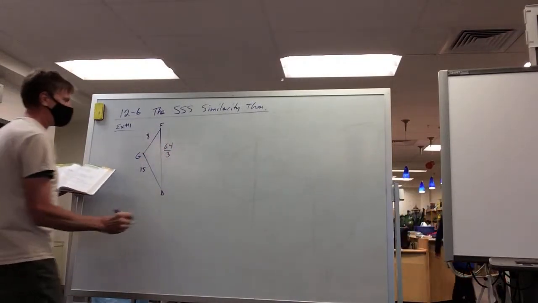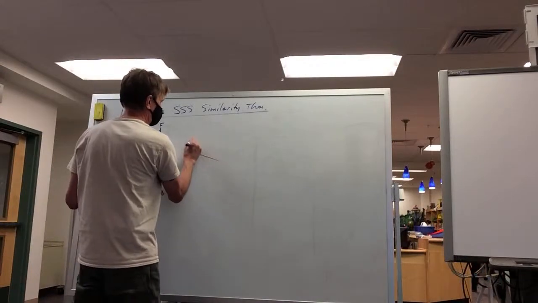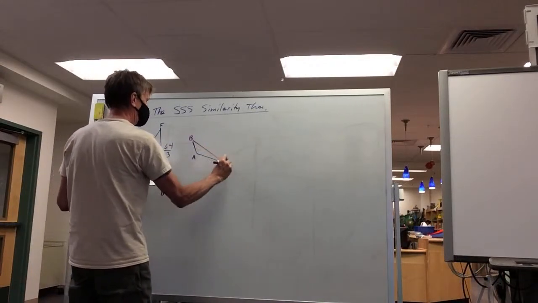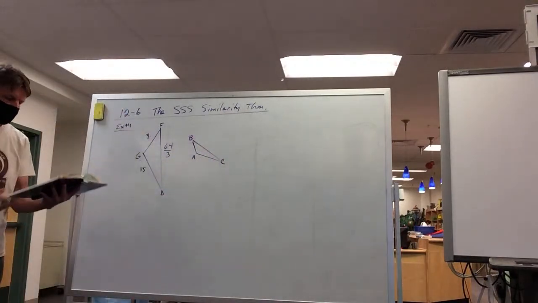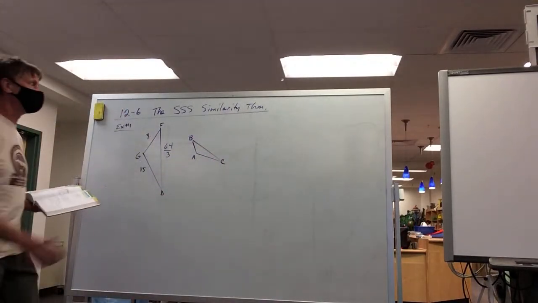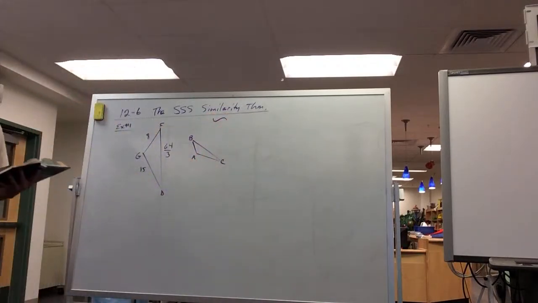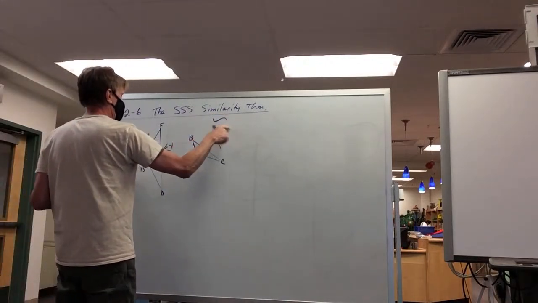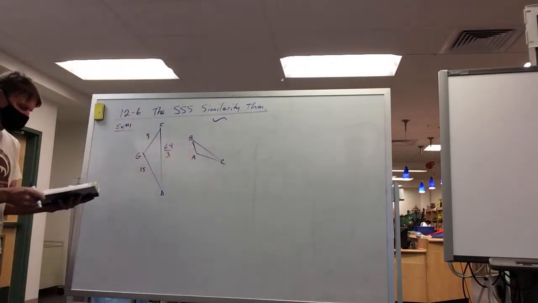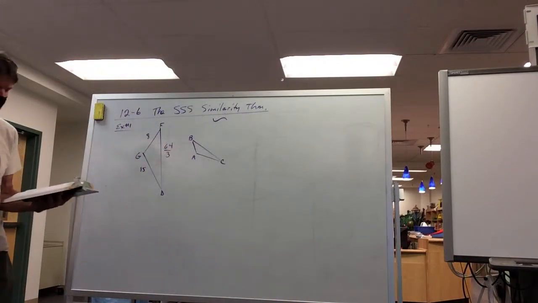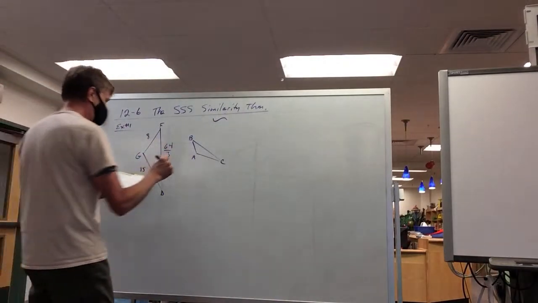And then they have another triangle over here, which is A, B, C. And they make a statement that they're similar to one another. Remember, if they're similar, that's that single line that's squiggly. That means similar to. And what we need to do is take a look at how these are similar, why they are, or take a look at them and see if they're similar, and if so, why are they?